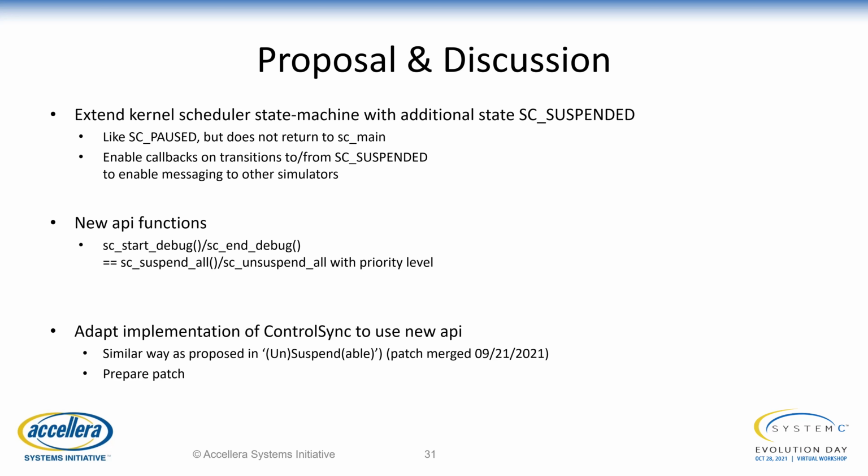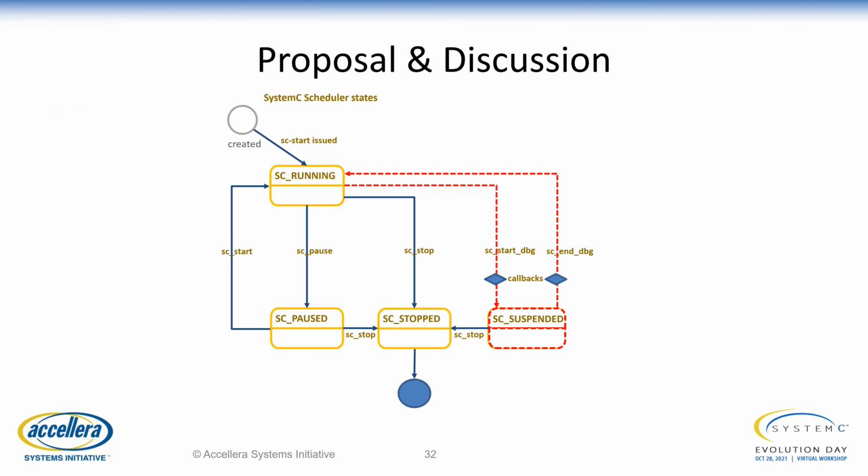So basically I need to refocus and prepare a patch. And this is what the proposed SystemC scheduler states would look like. And this is the end of my presentation.